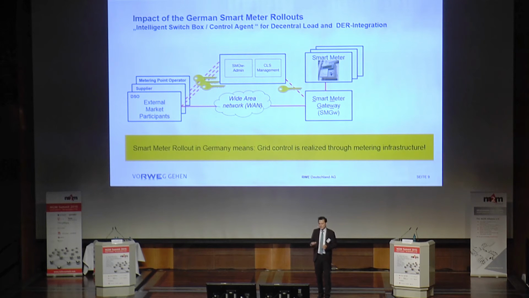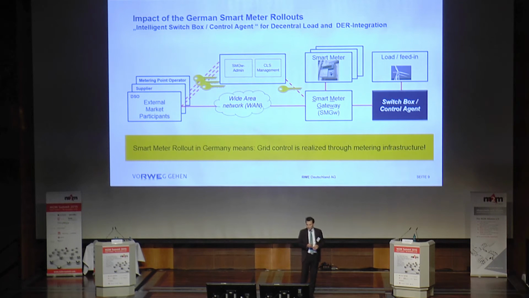Afterwards, Ernst & Young made a study, and the result of the study was that only with the readings, only with measurements, it won't be very beneficial to make a rollout within Germany. And so the idea was born to put control also onto the system, and to enable switching functions by exploiting the smart meter gateway.